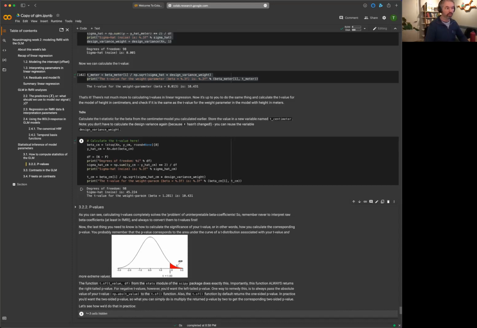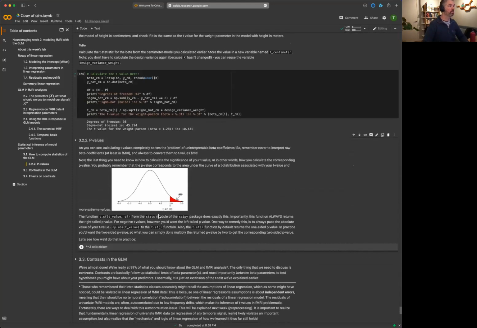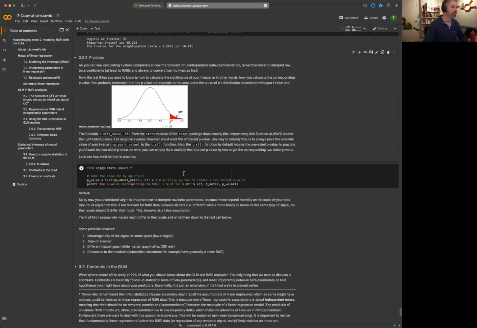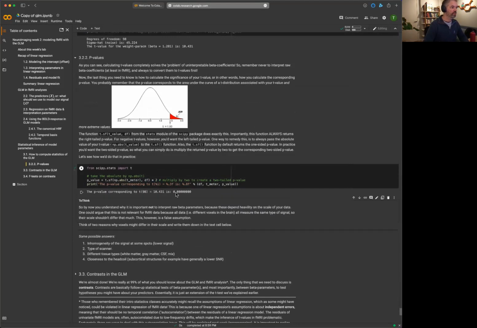They don't depend on the units of what went in. Right? Now we can calculate p-values based on the t-statistic. We just need to take into account the degrees of freedom and in this case multiply by 2 because we're doing a two-sided t-test, and we get that there's a hugely small p-value, right?